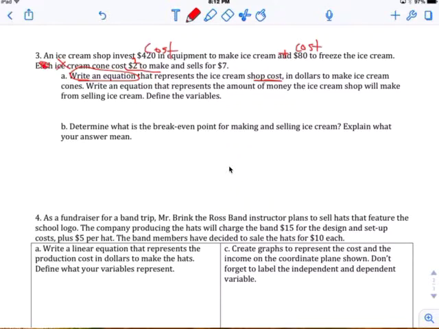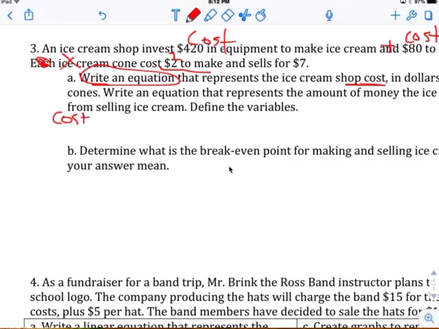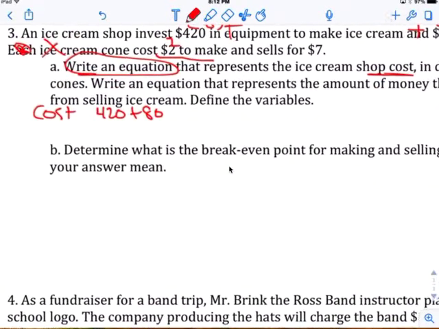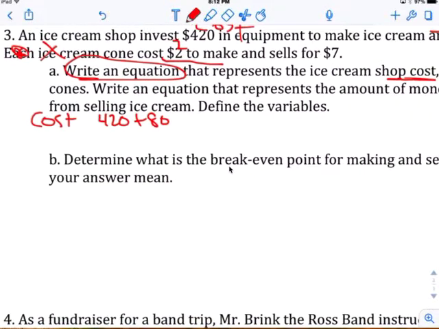Okay, so cost is $420 plus 80 to freeze it for the freezer cost, and another $2 for all other stuff for each ice cream, probably cones and stuff, 2x. That's the cost.